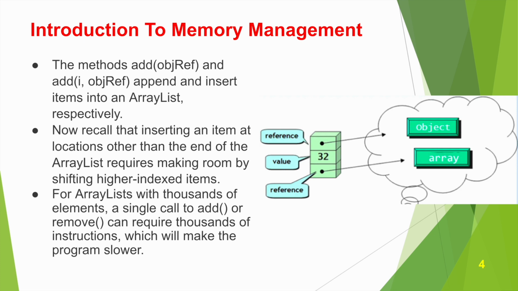For array lists with thousands of elements, a single call to add or remove can require thousands of instructions, which will make the program a little slower or sometimes even much slower, considering the amount of instructions that the program has or the amount of data that the array is going to hold.